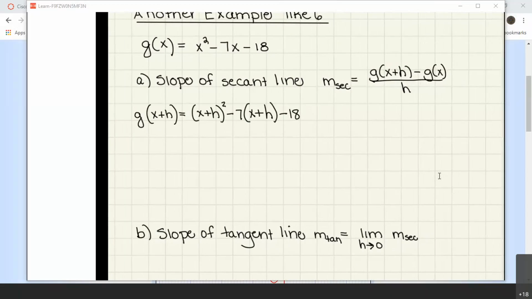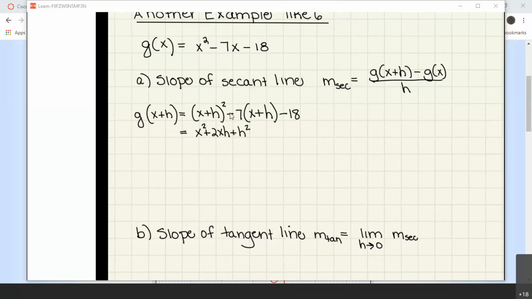The first thing I'm going to have to do is square the binomial. You can do it with FOIL, or you can use that pattern I showed you, which says square the first term, square the last term, multiply them together, that's x times h and it's positive, and then double it. That goes in the middle. That's a shortcut for squaring a binomial.